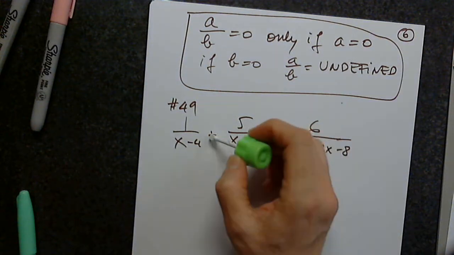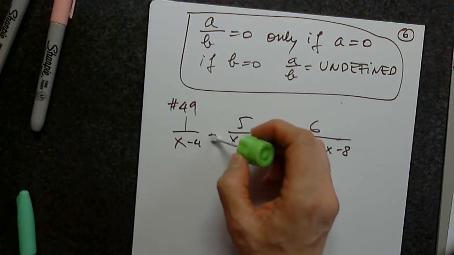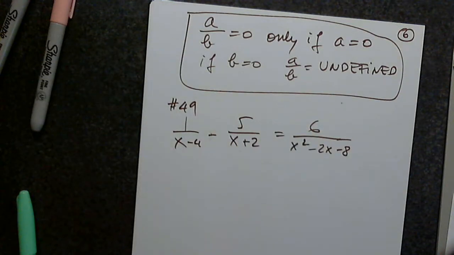I normally designate one student in the class to double check what I copy. Sometimes I copy half of the problem, because I'm standing here and there's not enough light, but I always check before I start. So I'm checking now. 1 over x minus 4 minus 5 over x plus 2 equals 6 over x squared minus 2x minus 8.